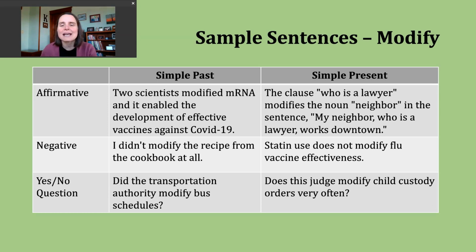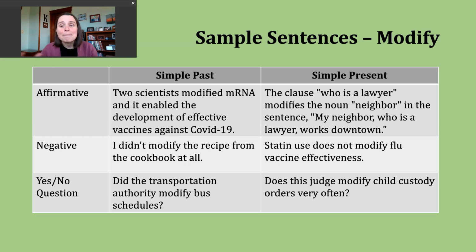My example sentence says, the clause who is a lawyer modifies the noun neighbor in the sentence, my neighbor who is a lawyer works downtown. This sentence is going to connect back to that fourth definition, that very specific grammar definition where we use modify.